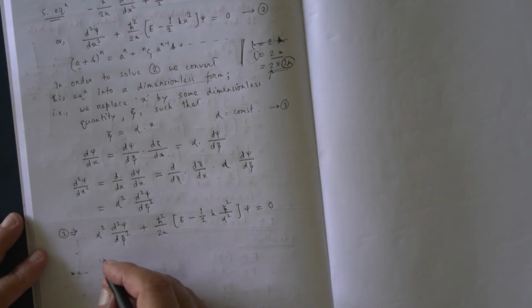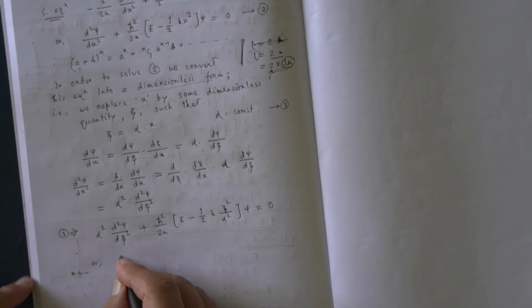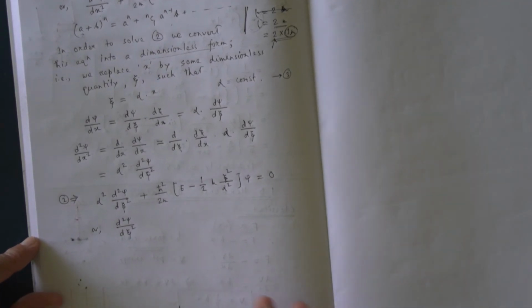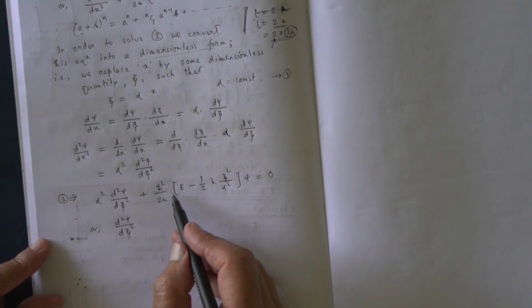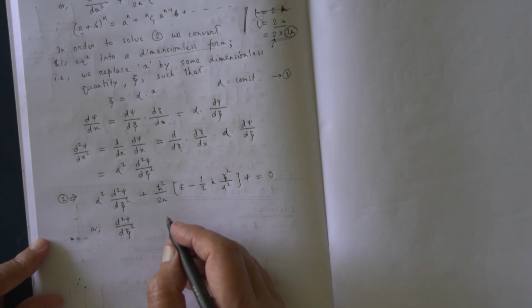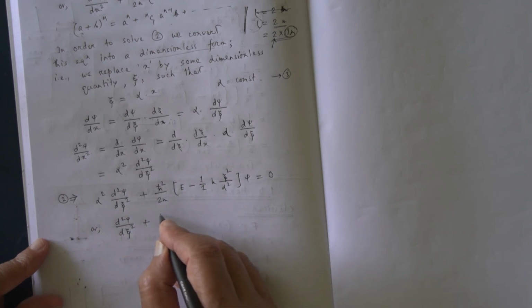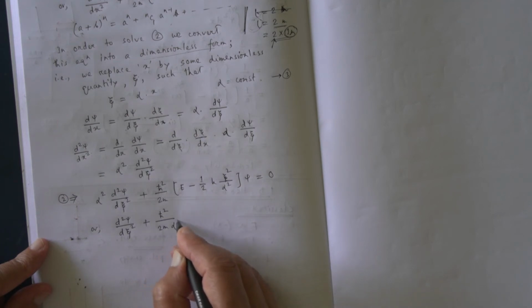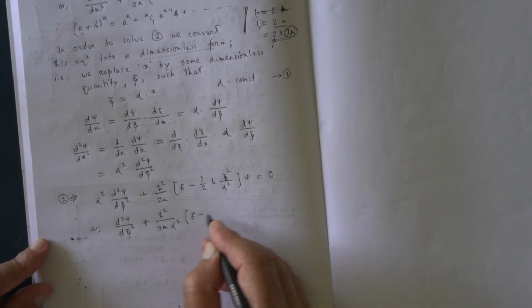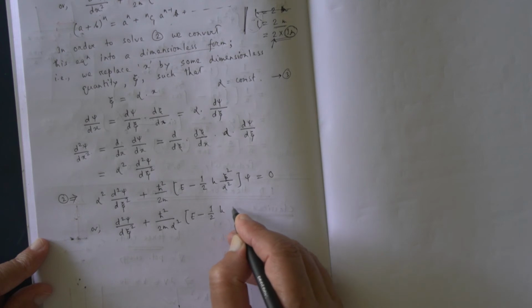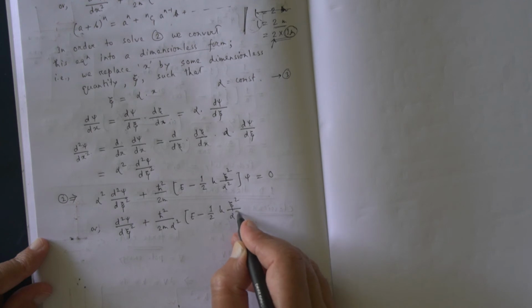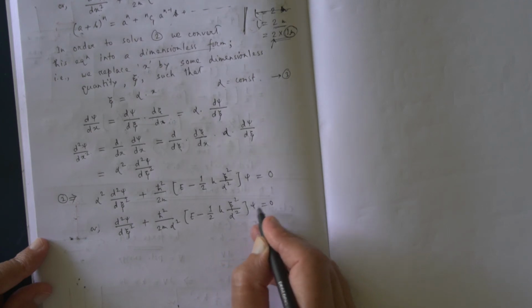Or we can still simplify: d2 psi by d xi square, we divide by alpha square, so this will be equal to h bar square by 2m alpha square, e minus half k xi square by alpha square, psi equal to 0.